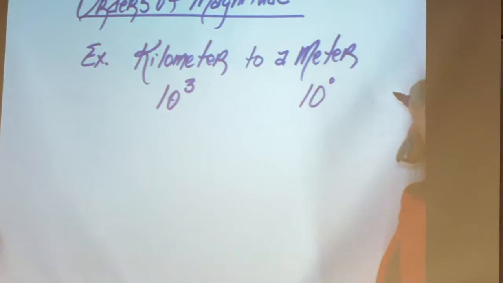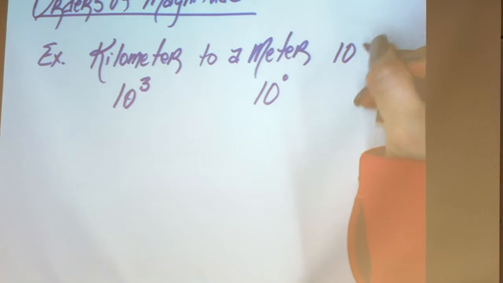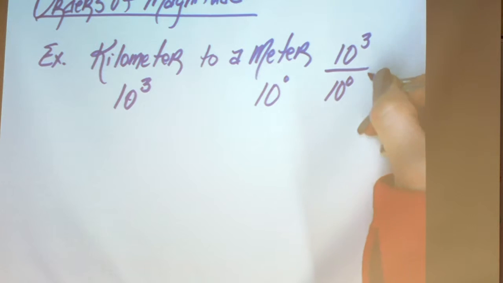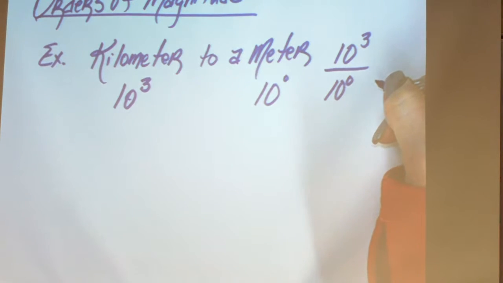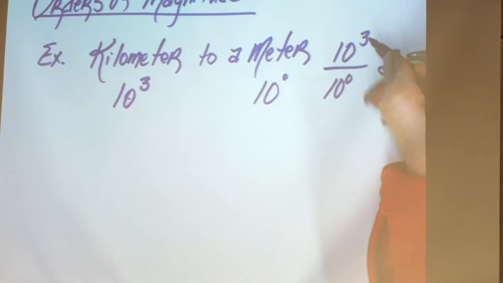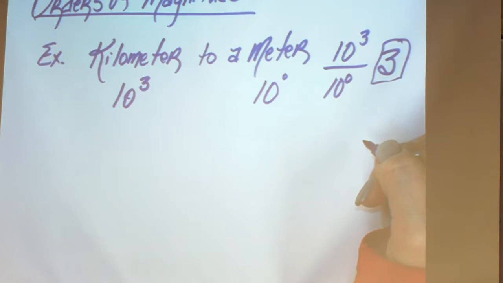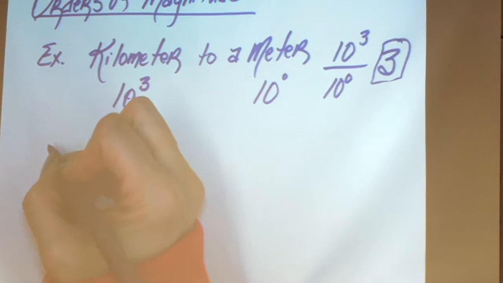So if I'm comparing these two, write it as a fraction, I have 10 to the 3 over 10 to the 0. So my magnitude here, a kilometer is 3 orders of magnitude longer than a meter. So the difference in my exponents is 3. So it is a magnitude of 3 larger. Okay.